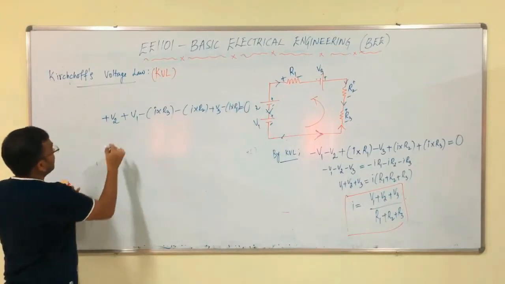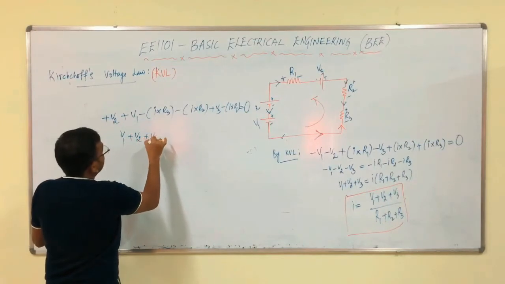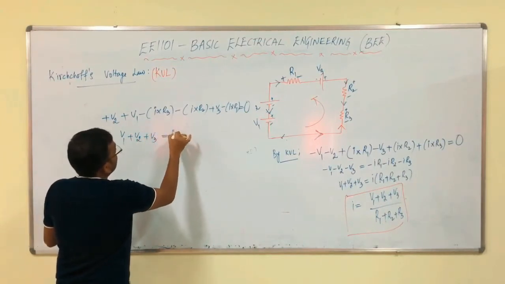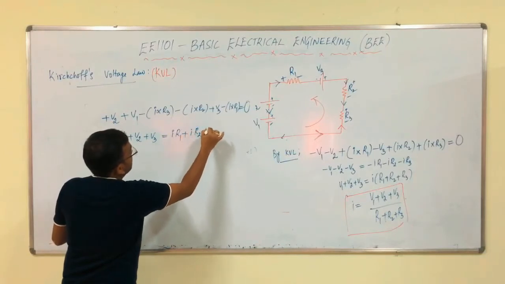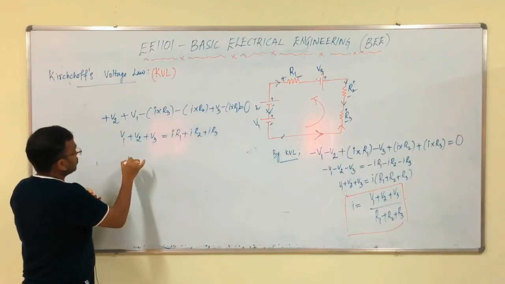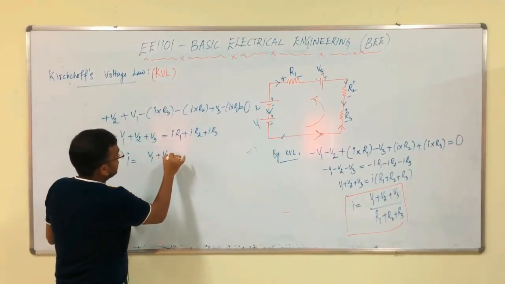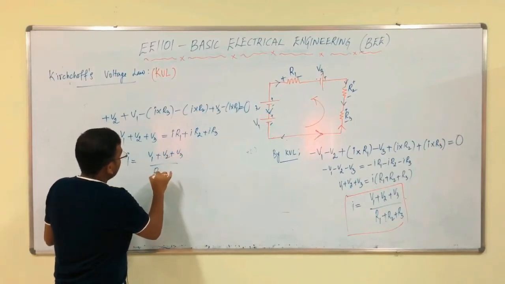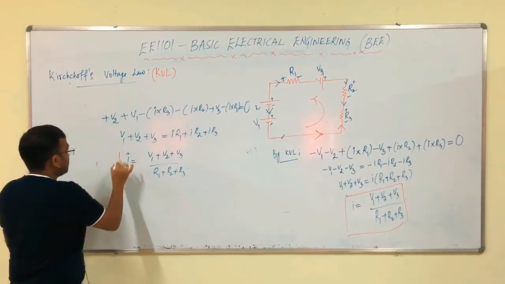From this, V1 plus V2 plus V3 is equal to I into R1 plus I into R2 plus I into R3. From this, I is equal to what? V1 plus V2 plus V3 by R1 plus R2 plus R3.